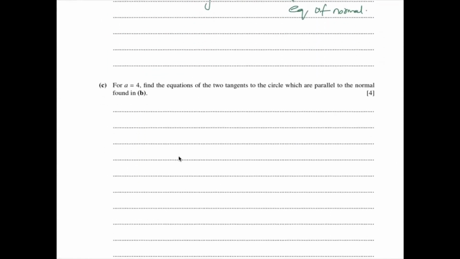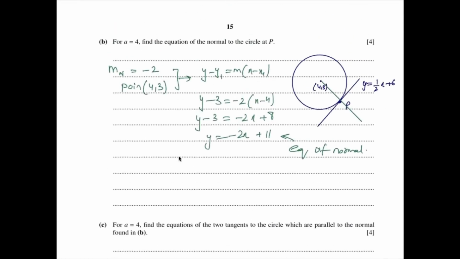Then the third part says for a equals 4, find the equations of the two tangents to the circle which are parallel to the normal found in B. Let me review the question again.